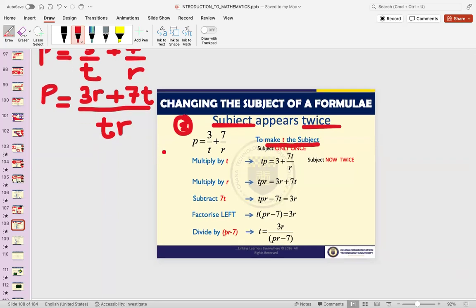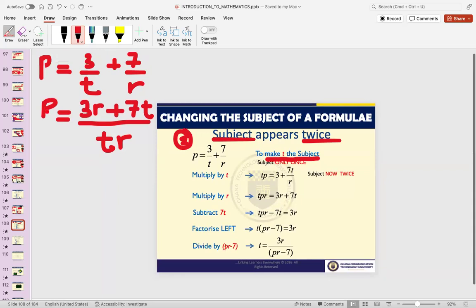Now, I also told you that anytime a letter is standing alone, it's the same as divided by 1. So when you have a fraction on the left and a fraction on the right, you can do cross multiplication. So this will multiply this, and then this will also multiply that.